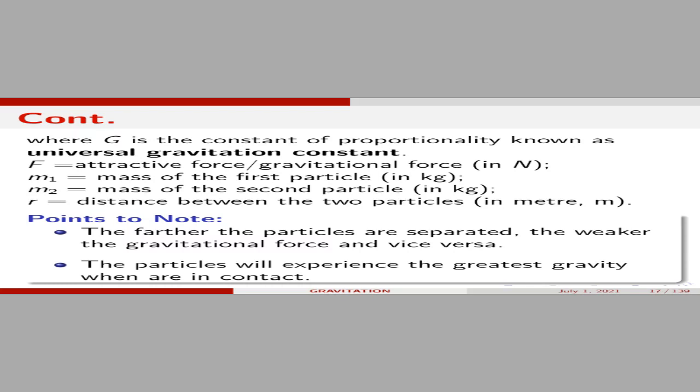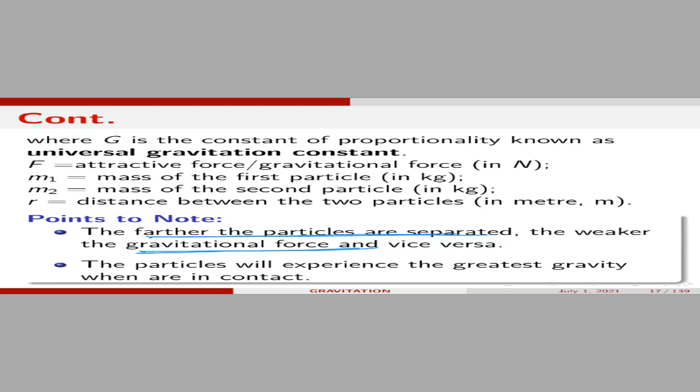Then the masses. You also have to take notice of the units of the parameters in the equation. The mass should be in kilograms, R should be in meters, and obviously your force should be in newtons. I said this earlier when I was defining the law: when the particles are farther, the force is weak, and when they are closer, the force is great.